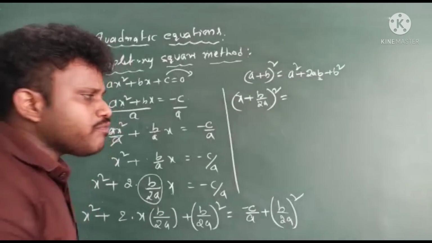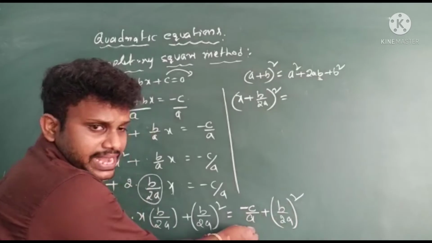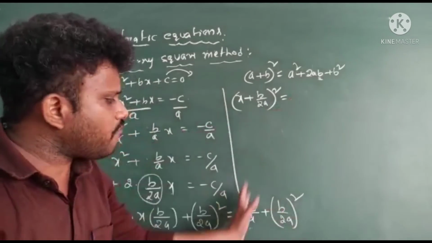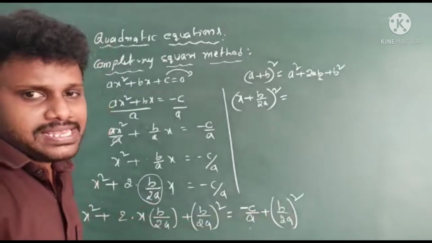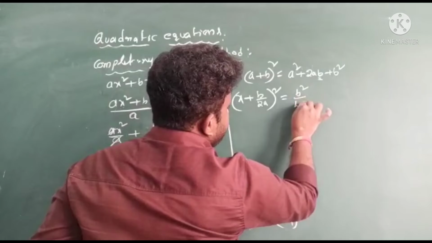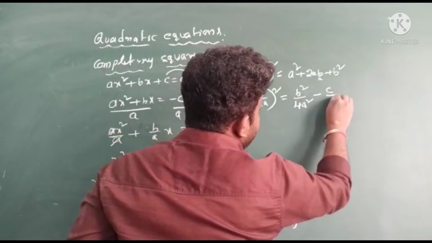On the RHS side, what was left out, b by 2a whole square, which is positive, while minus c by a is negative. I am going to write the positive term first, then minus c by a. Now b by 2a whole square can be written as b square by 4a square, minus c by a.